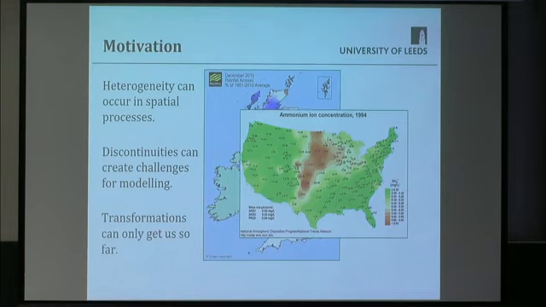One of the interesting things about this particular graph is that this is actually a Kriging estimate. So you can see how nice and smooth this evolves over the United States. But in reality, it's far more jagged, and we're going to show how we can look at this data and try to capture the discontinuities in this process.